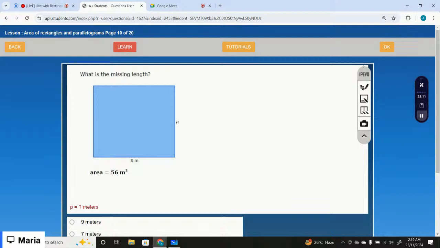What is the missing length? Which is the correct option? That is 8 times 7 is 56. The correct option is 7 meters.